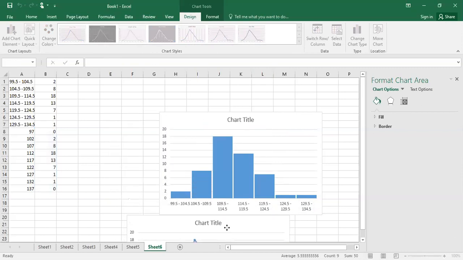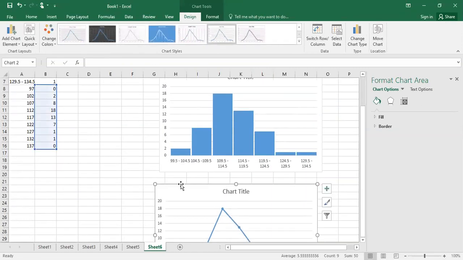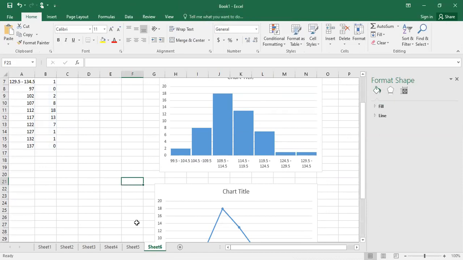You can move it down to see your histogram. You can also do each of these graphs manually. I just wanted you to see how to do it using Excel.